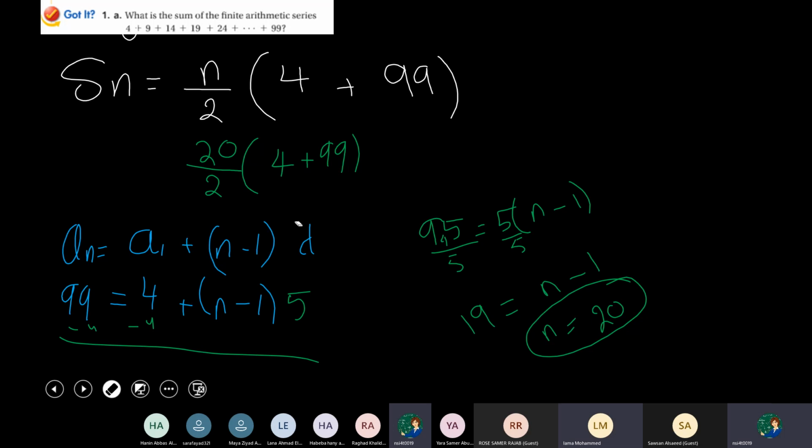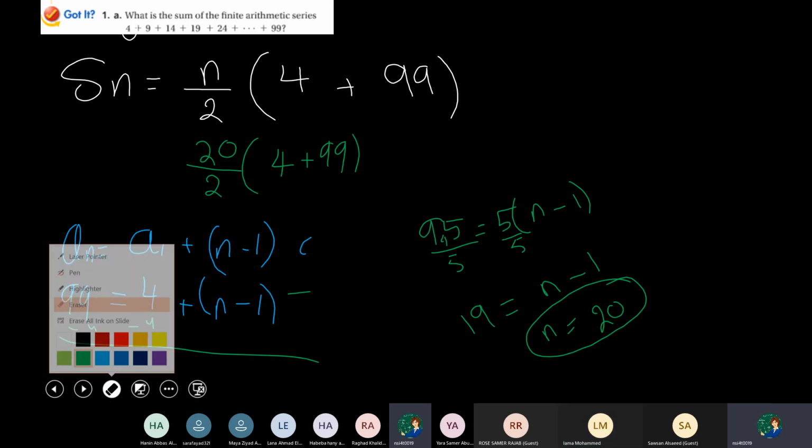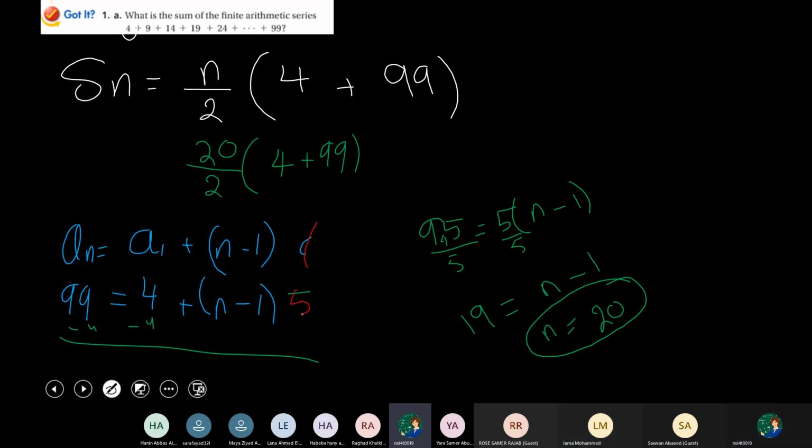What is the meaning of d? It is the common difference.